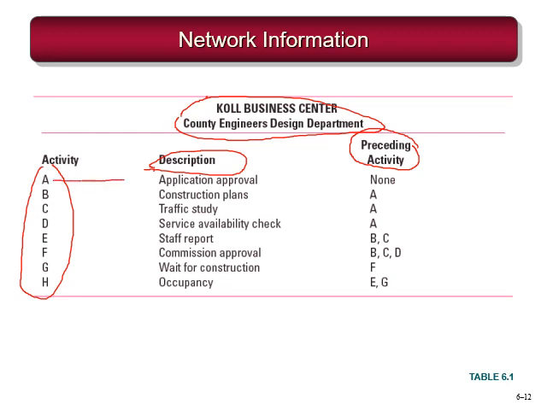Like A, it does not have any preceding activity, whereas F has three preceding activities. So if you are given this information, you should be able to draw a network out of it.